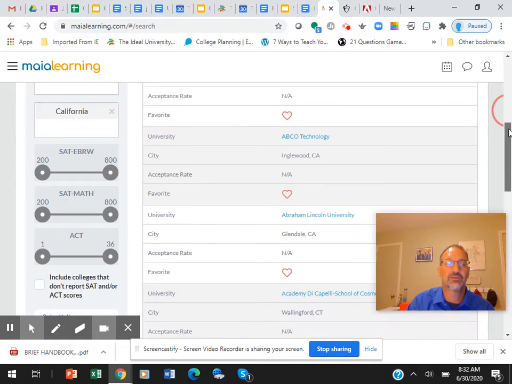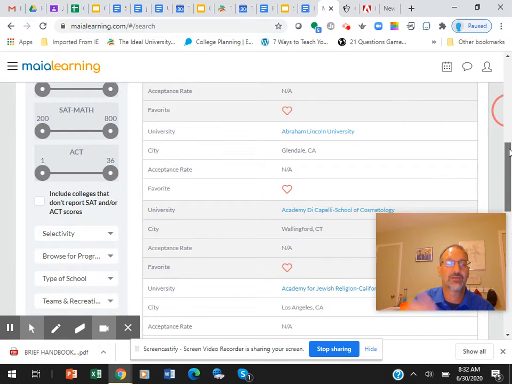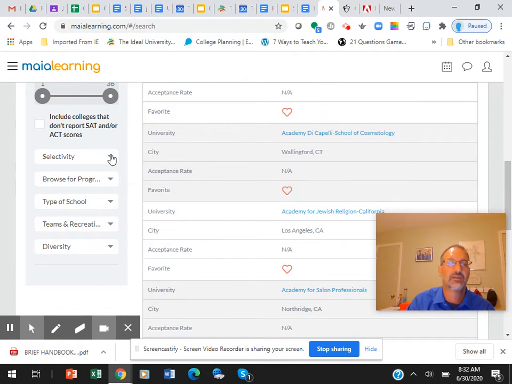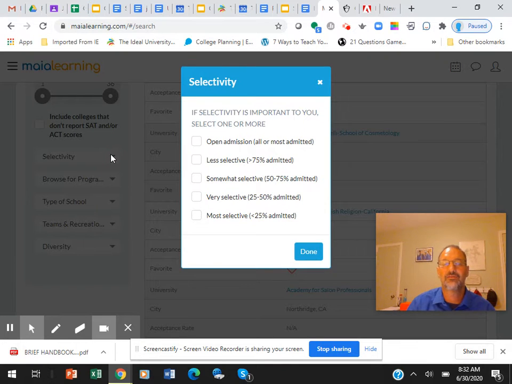Now, I'm going to assume at this point you don't have SAT scores, so I'm not going to put SAT scores. Now, selectivity has to do with universities and the percentage of students that they admit. I really like this because for most of our students, the most selective are really reach schools.